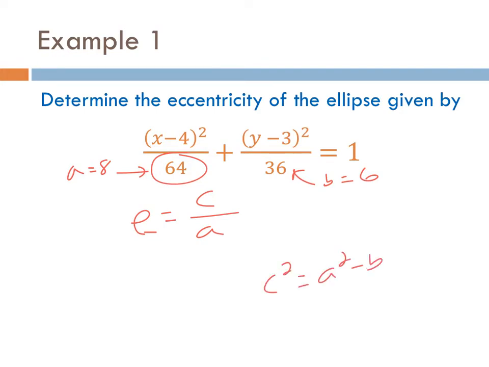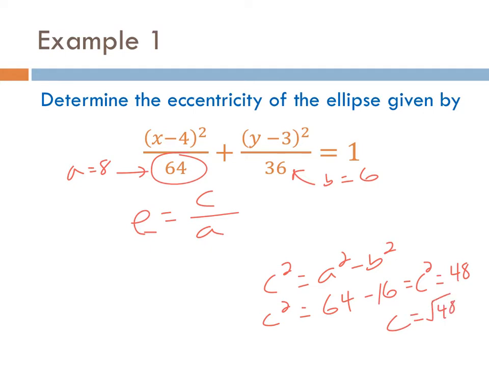If we use this formula to find c, c squared is going to equal the difference of those two squareds, so 64 minus 16. It looks like we get c squared equals 48. If I take the square root of that, c ends up being the square root of 48.